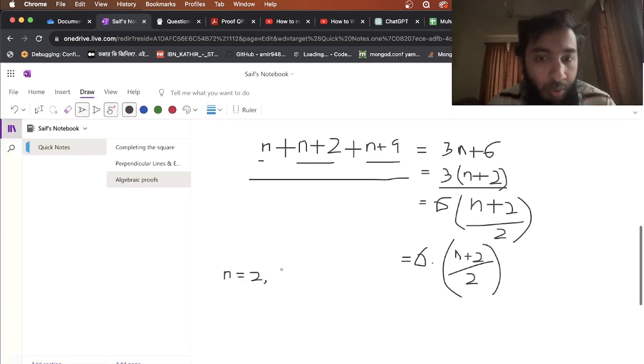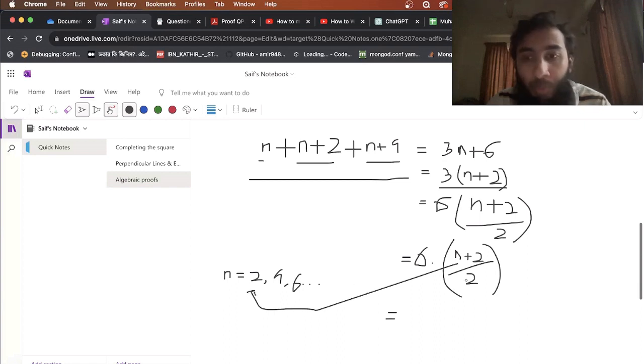So it is 2, 4, 6, dot dot dot. So if we start n with 2 here, if we put the value of 2, then this would be what? 2 plus 2 by 2, which is 4 by 2, which is 2. 2 multiplied by 6, 12.